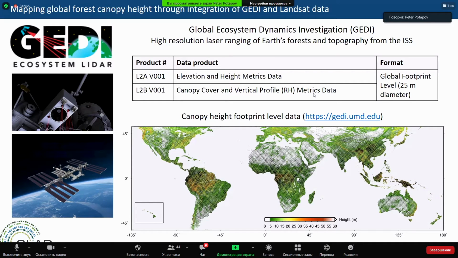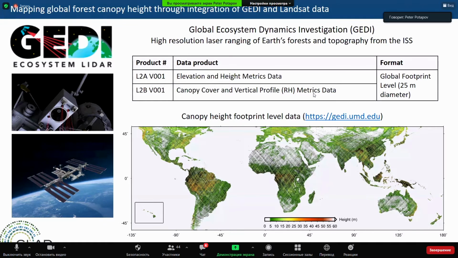Until now, we have only data processed between April and November 2019, and we use two products of the second level that show the characteristics of reflected energy, which can be interpreted as properties of the tree crown structure.